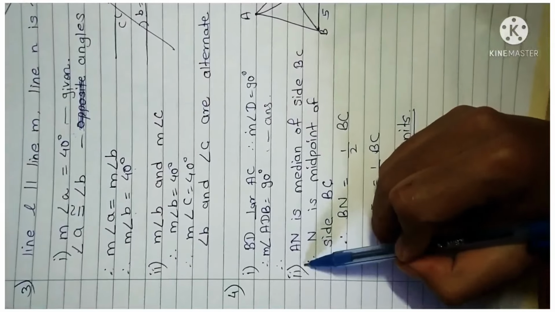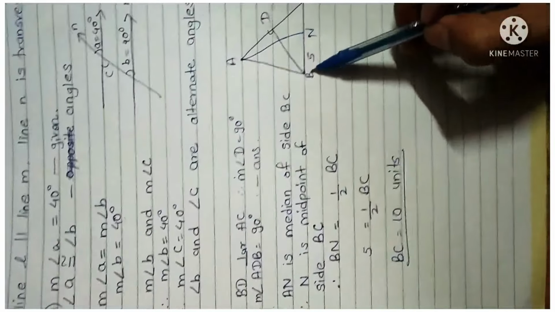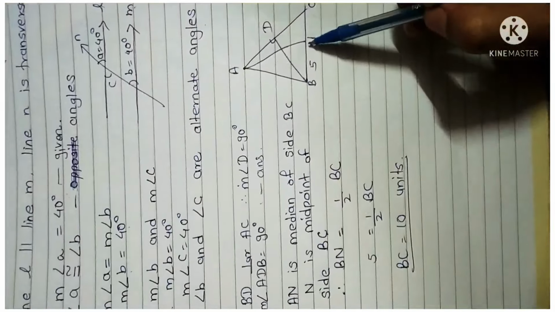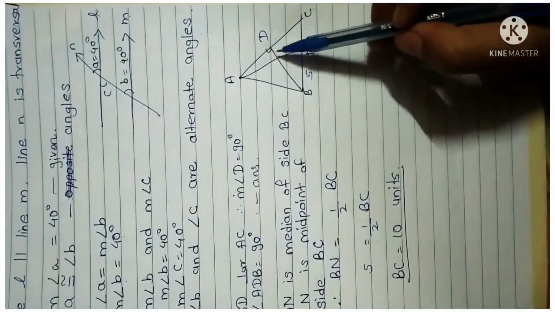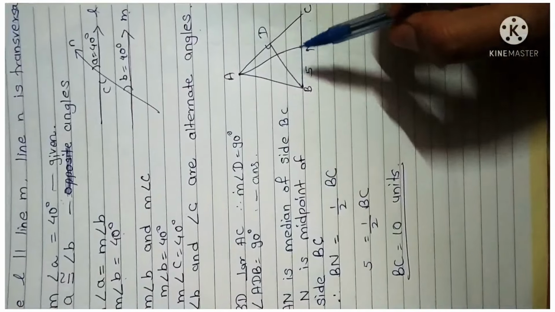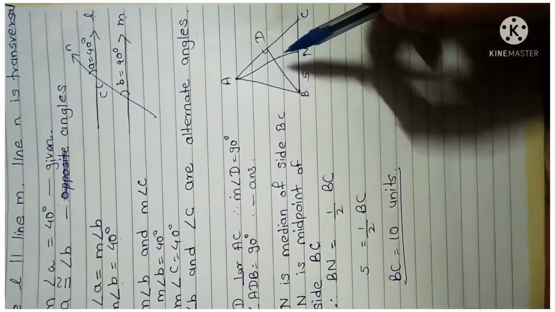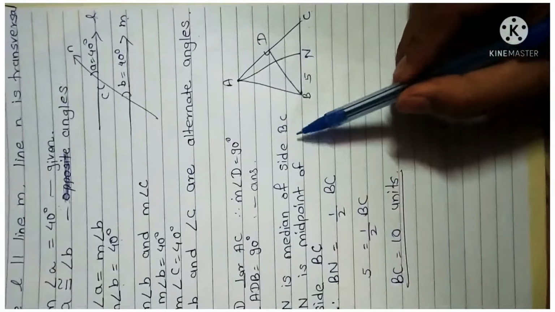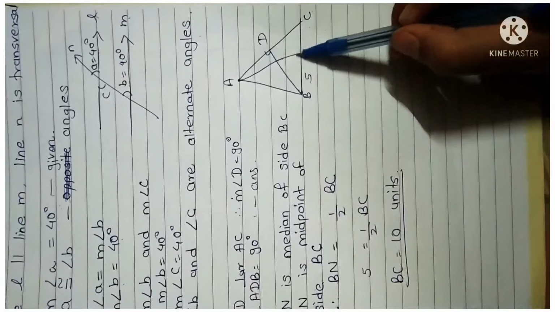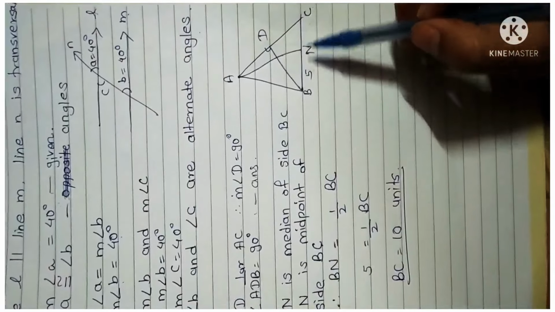Question second. In the fourth question, we have AN as the median of side BC. Then point N will be the midpoint of side BC. We know that if we draw a median on any side, then the median divides the side into two equal parts. By this theorem, point N is the midpoint of side BC.